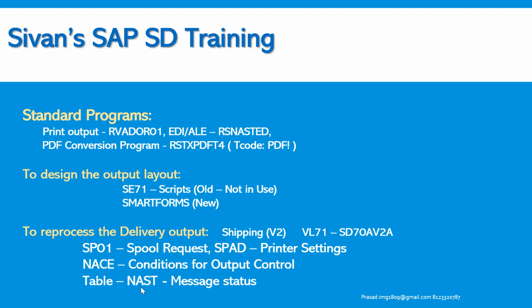So during real-time work, whenever you get output related issues, you can go to the NAST table and specify the output type and then specify the time period. If it is a production system, give 1 or 2 days. And then you can see how many orders or deliveries or billing documents with this output type have been created.